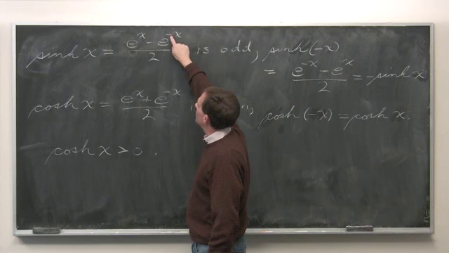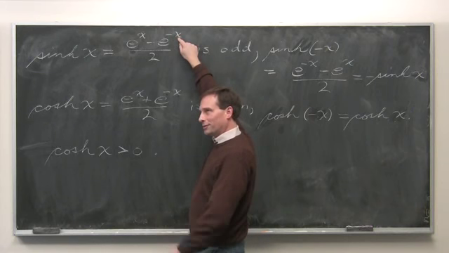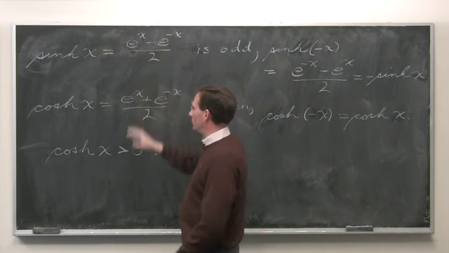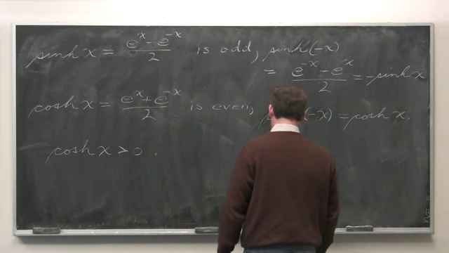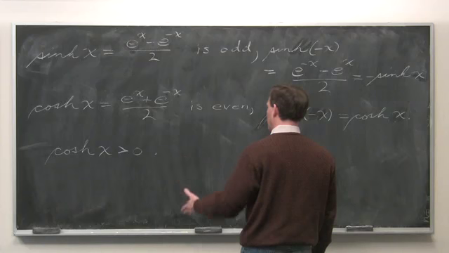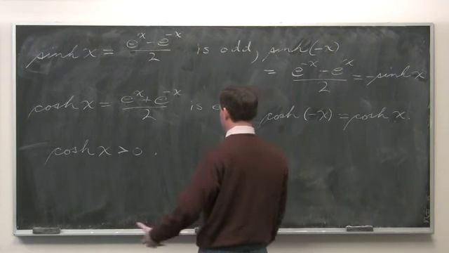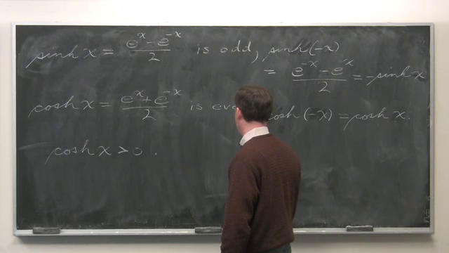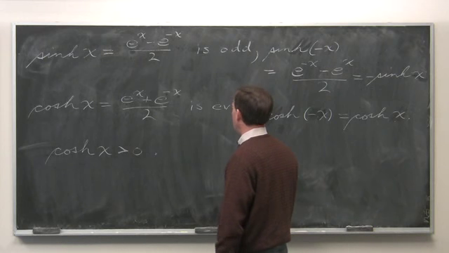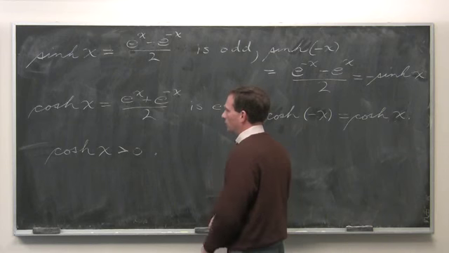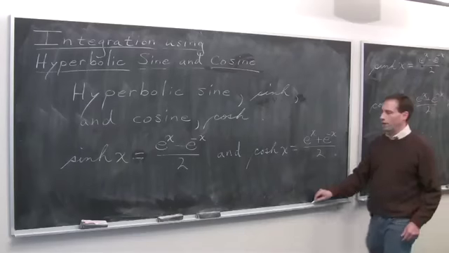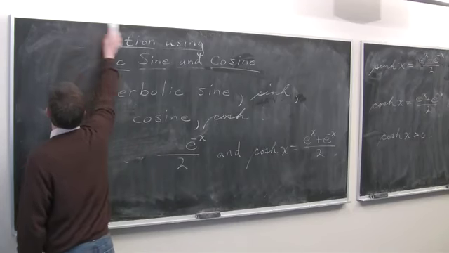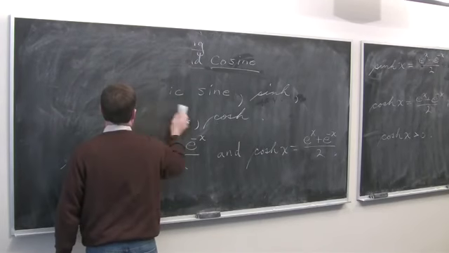This is the negative of something large, so this would be a large positive number, and you'd have negative that. So hyperbolic sine of x can be negative. In fact, we'll see that it goes to negative infinity as x goes to negative infinity, and infinity as x goes to infinity. Let me go ahead and sketch the graphs, and then we'll verify the properties that I just stated.